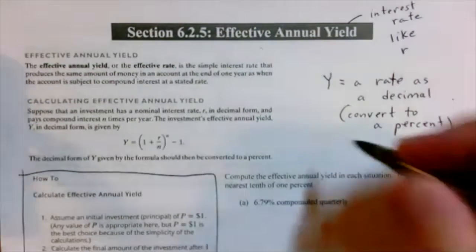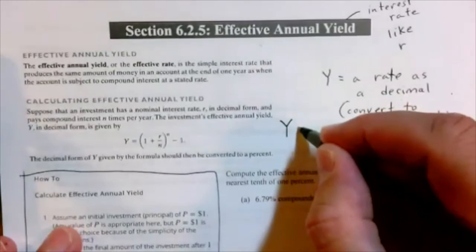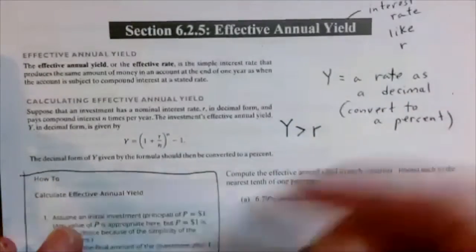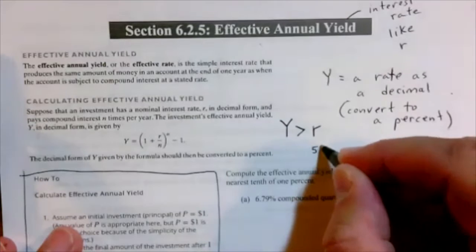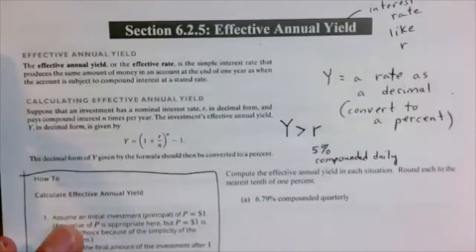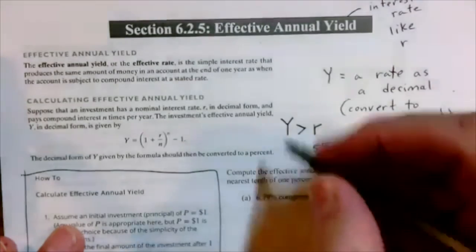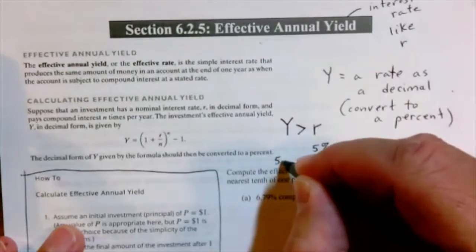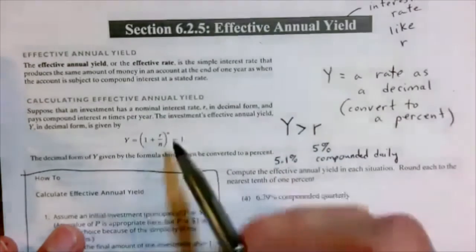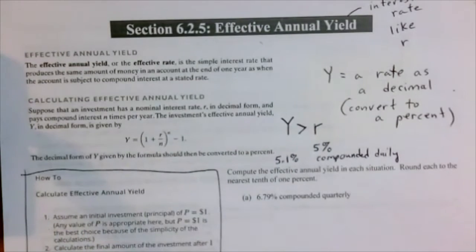So it's always going to be the case that the effective annual yield is just slightly larger than R. So as an example, if the interest rate is 5% compounded daily, if that's what R is, then Y might be something like 5.1%, just a little bit larger. And here is the formula that we use to calculate the interest rate.